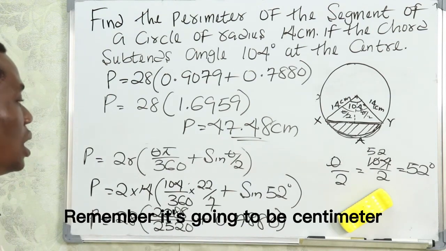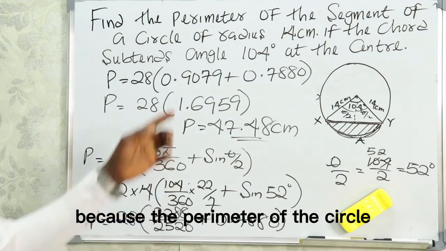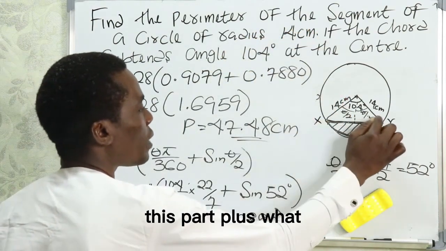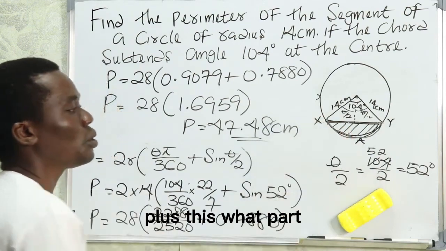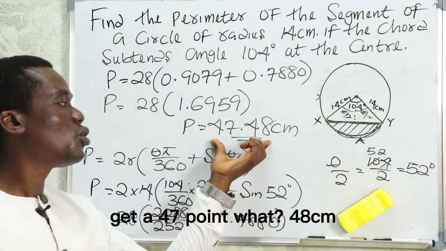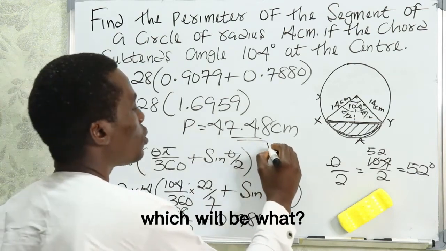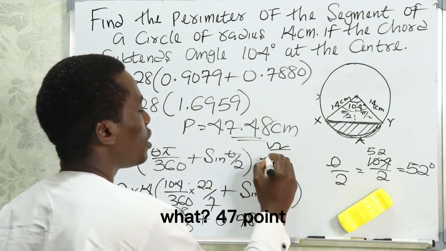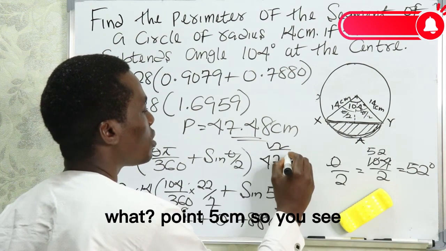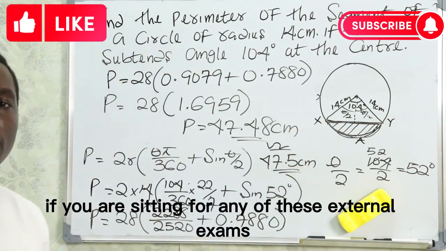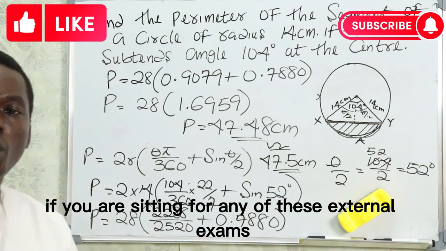Remember, it's going to be centimeters because the perimeter of the segment is just the sum of this part plus this part. So we'll get 47.48 centimeters, which will be approximately 47.5 centimeters.